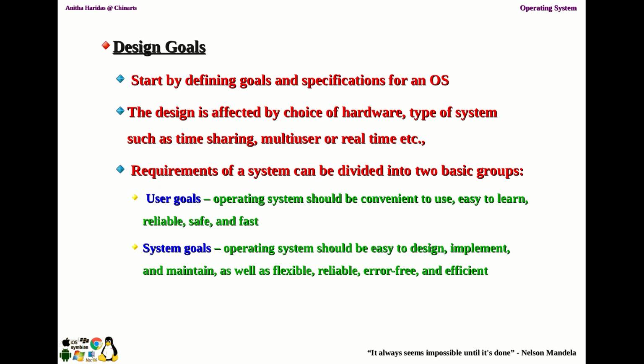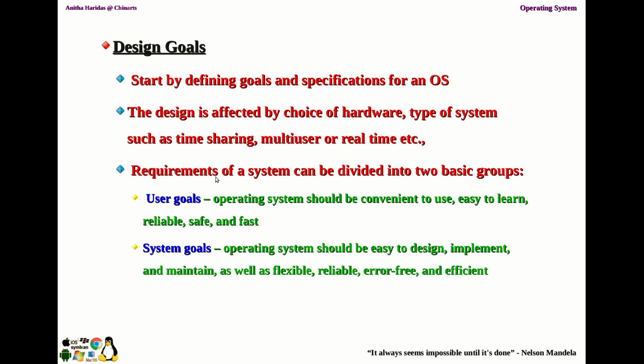Whether it is used in a server machine, a laptop, a tab, or a mobile phone should be decided. So defining the goals and giving the specification is completely based on what device you want to use this operating system on, and what type of operating system you want, whether batch processing, time sharing, or multi-user. Based on that, the goals are to be defined.